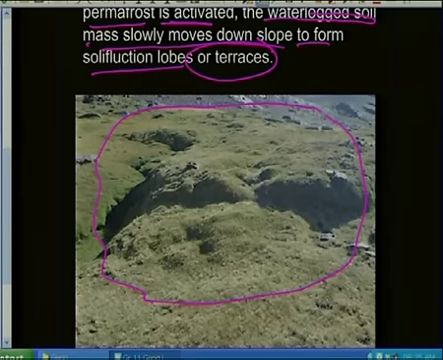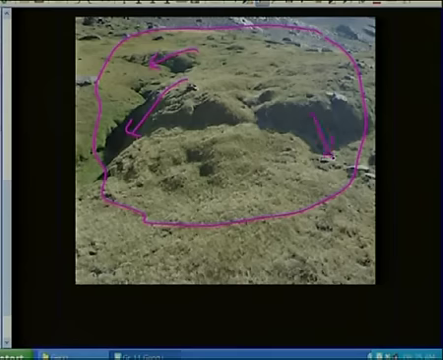This type of area will result in solifluction, where the soil freezes over and moves over a slow period. Just like soil creep, solifluction occurs over a longer period of time. And as you can see, this breaks up the slope that we are studying.